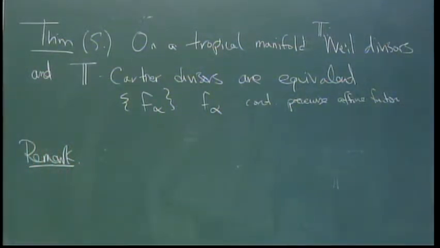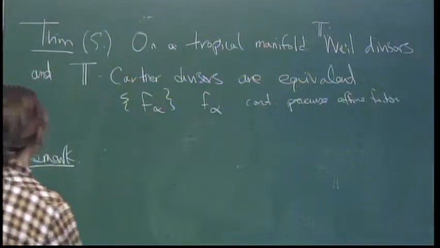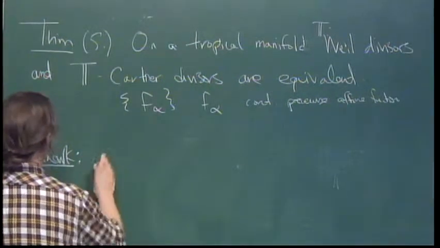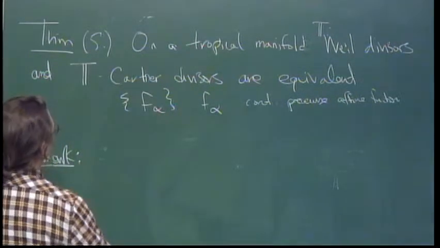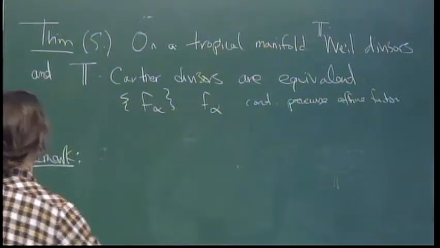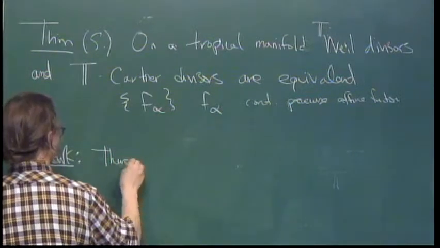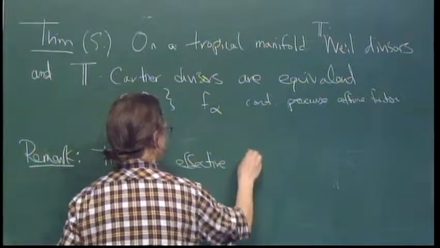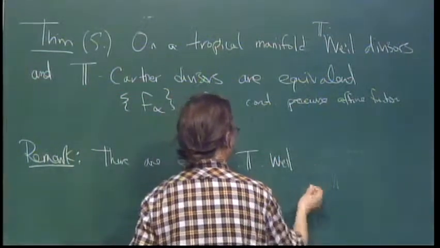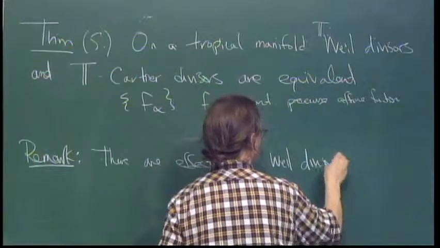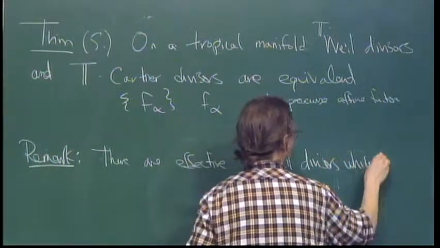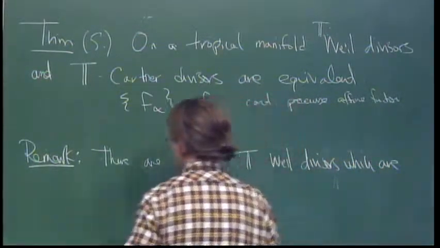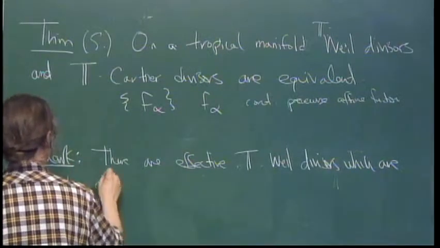Okay, and there is no equivalence in that sense with effective ones. So what did I want to say? That there are effective tropical V divisors which are not effective Cartier.